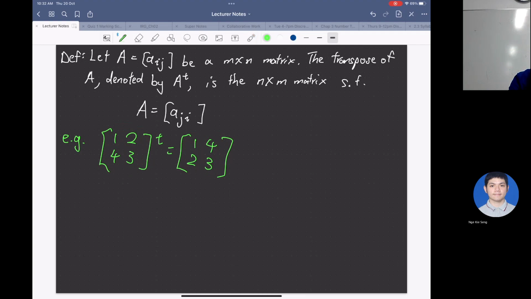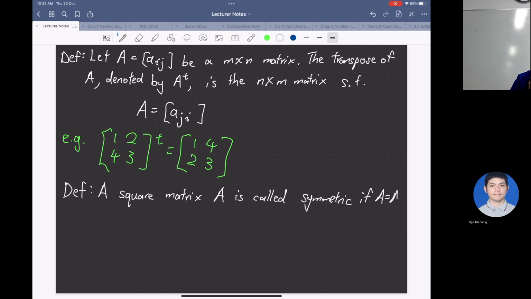There are some matrices with symmetry, whose transpose is themselves. A square matrix A is called symmetric if A equals A transpose.